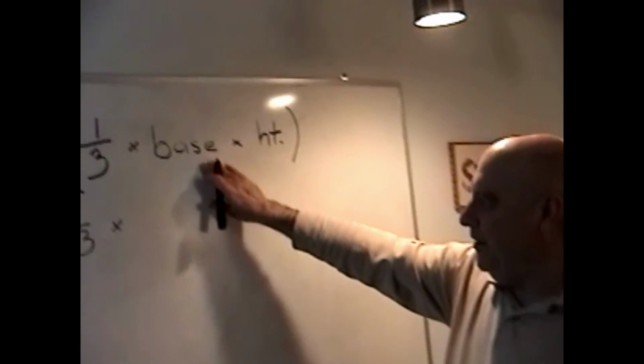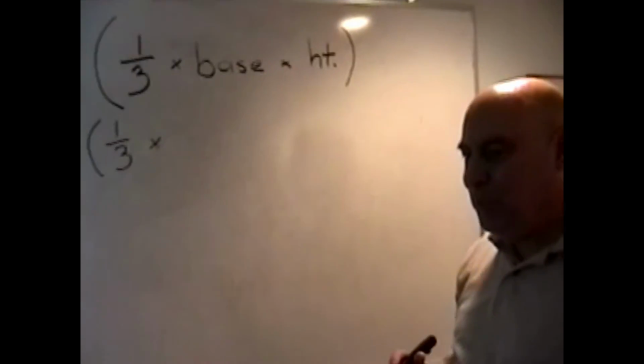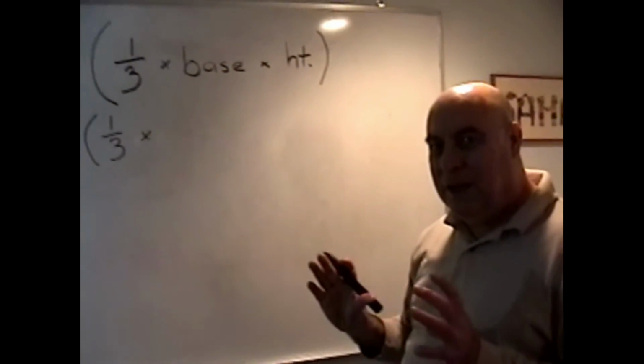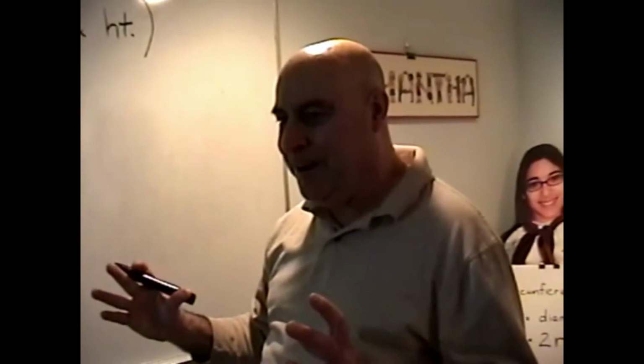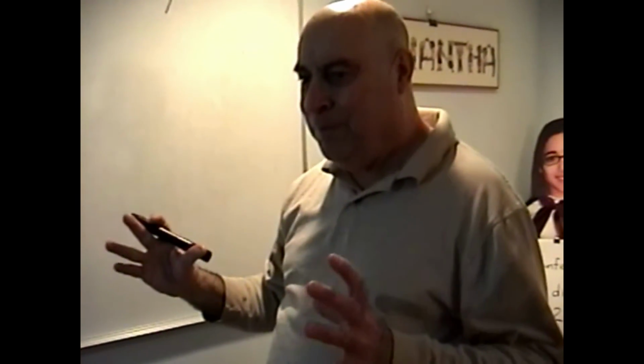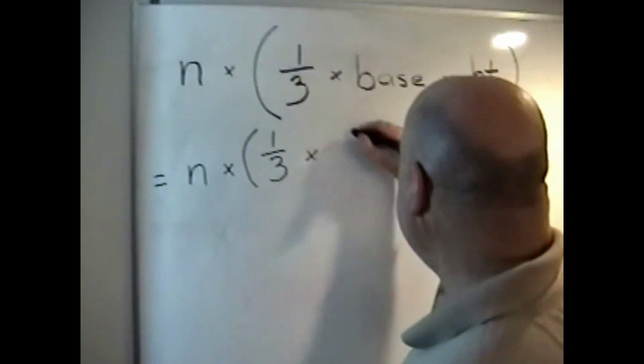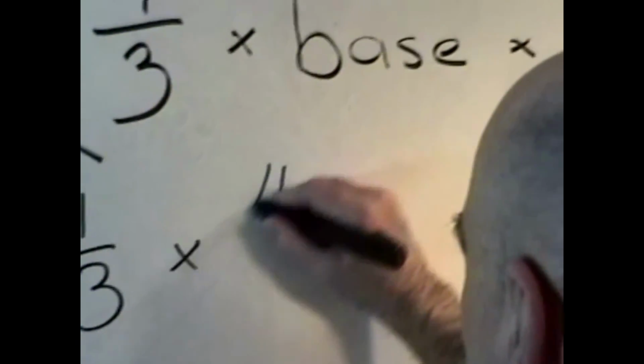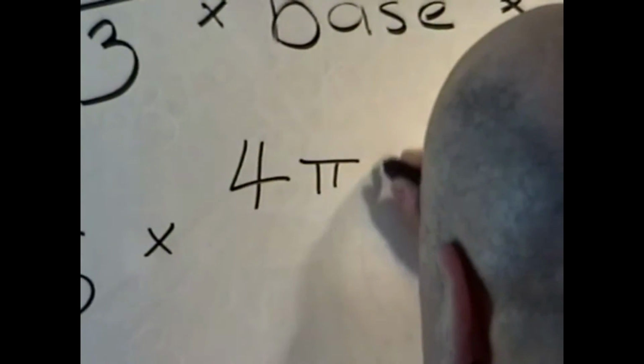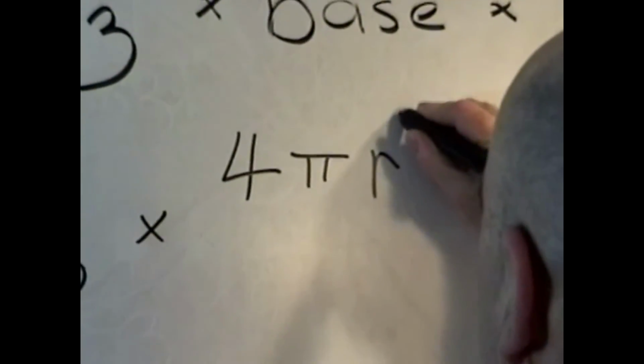This will equal n, the number of pyramids, times 1/3 times, now here's the tricky part. What's the area of the base of each one of these pyramids? Well, it's going to equal the entire surface area of the sphere divided by the number of pyramids. And the surface area is equal to 4 pi r squared.